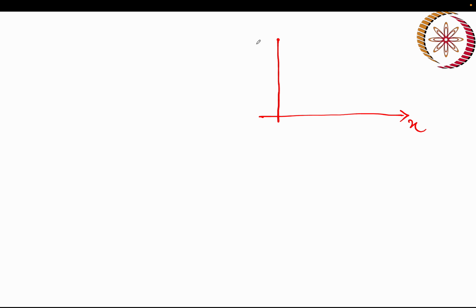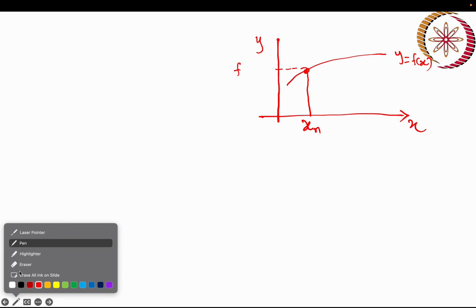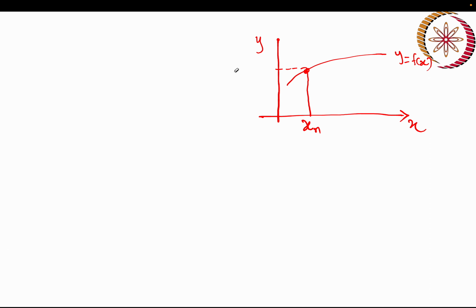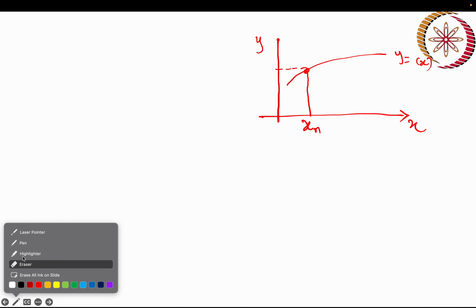Let's say this is x and this is y, and there is some function y equal to g of x.